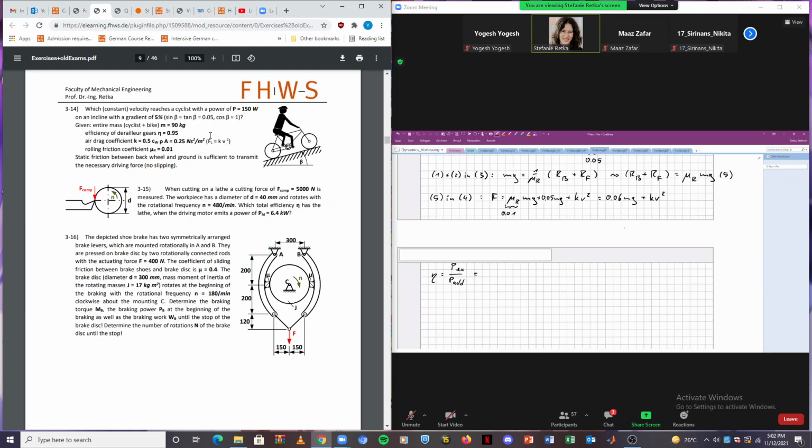Okay, so power extracted. In the script, we just discussed that the power extracted in case of a translation in motion with constant velocity is equal to the force in direction of travel multiplied by the velocity. And the force is our driving force, the force causing the motion, force component in direction of travel. So it's the force, the equation above, multiplied by the velocity, and then it's divided by the power of the person, the cyclist.